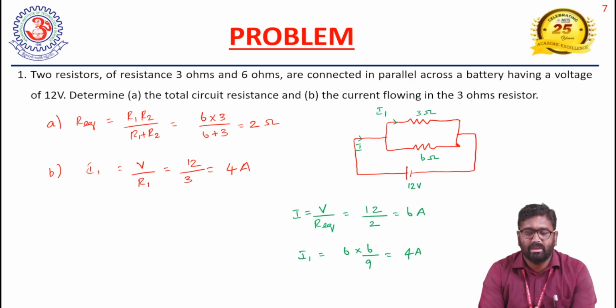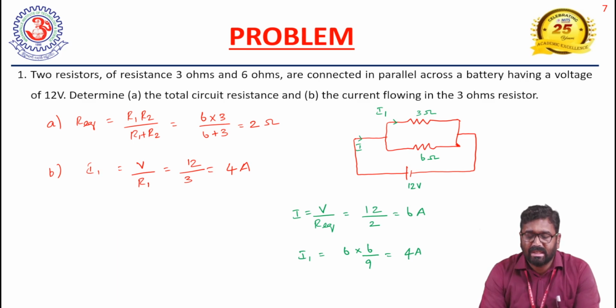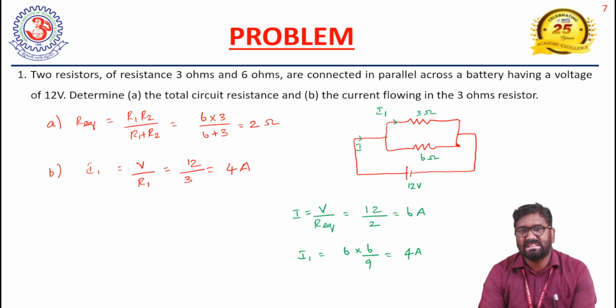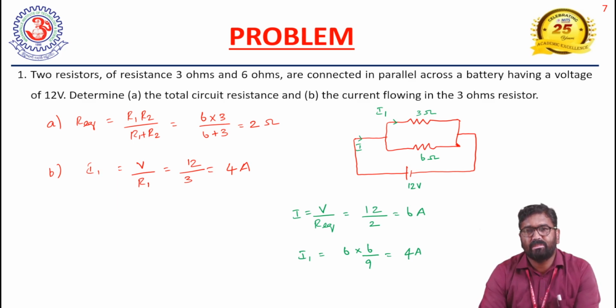The total equivalent circuit resistance we want to find in this parallel circuit. We have the 3 ohm resistor here, that is R1, and we can consider R1 and R2. In this case, R equivalent we can write for a parallel network as R1 R2 by R1 plus R2. If you substitute the values directly, you get the total circuit resistance. That means 6 into 3 divided by 6 plus 3, and you will get 2 ohm.